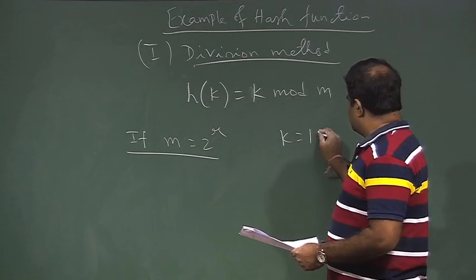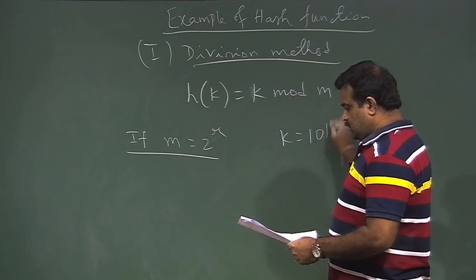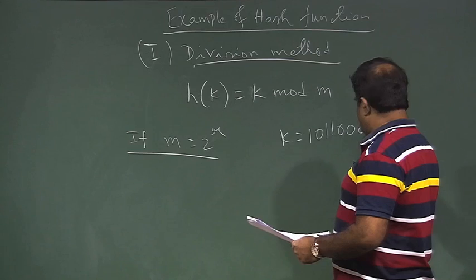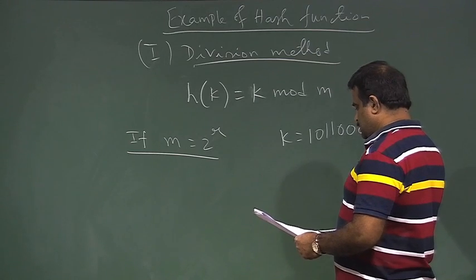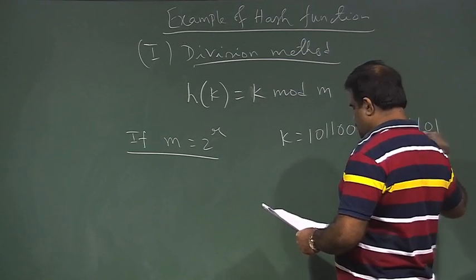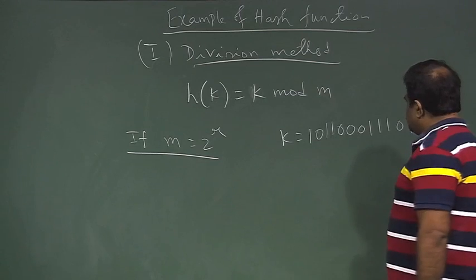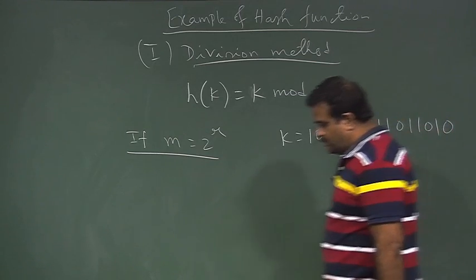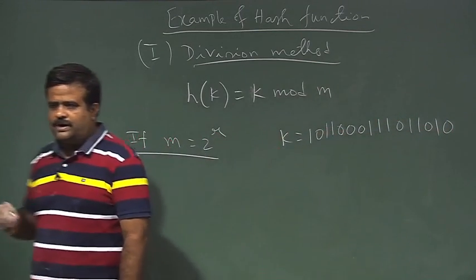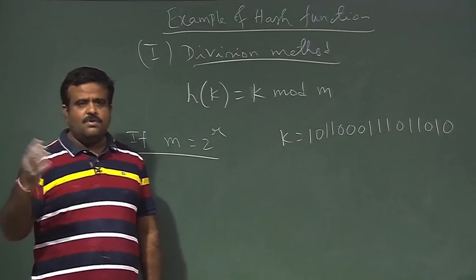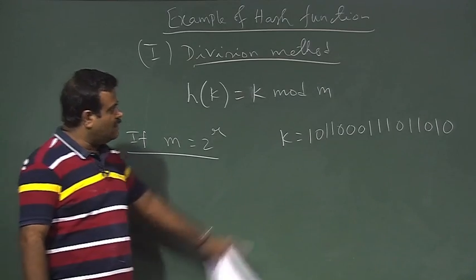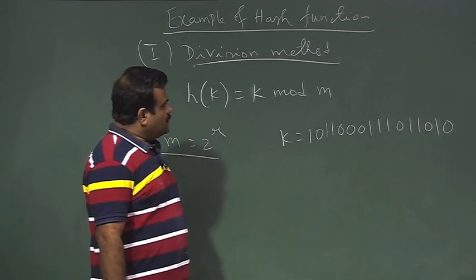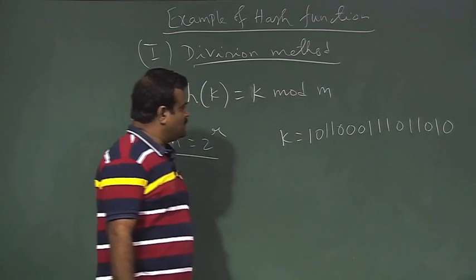Suppose this is 1 0 1 1 0 0 0 1 1 1 0 1 1 0 1 0. Suppose this is our key. We have an integer and we convert it into binary. We know how to convert into binary: we divide by 2 and then again by 2 like this, so we get all these components. So this is basically the binary representation of our integer.